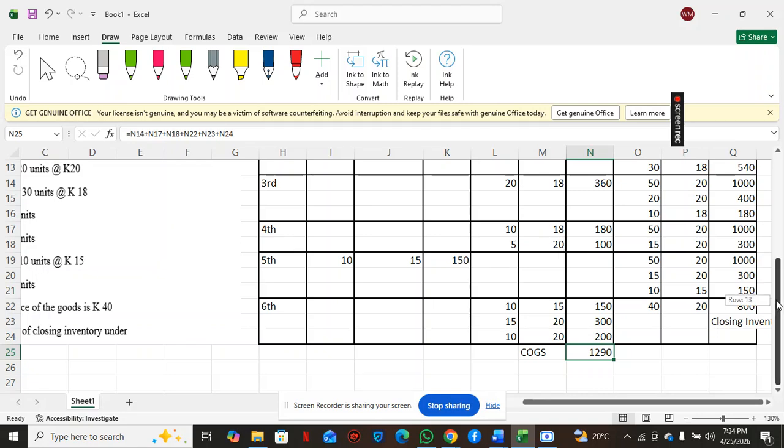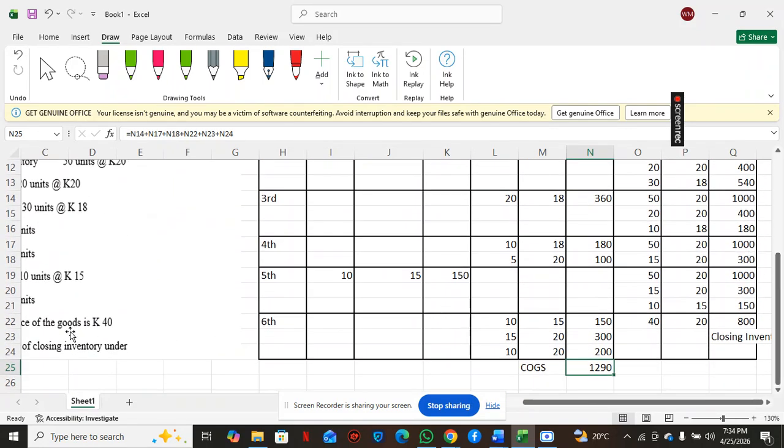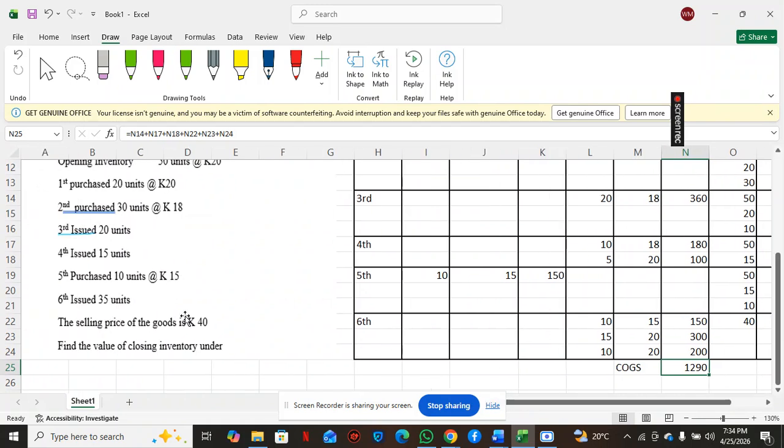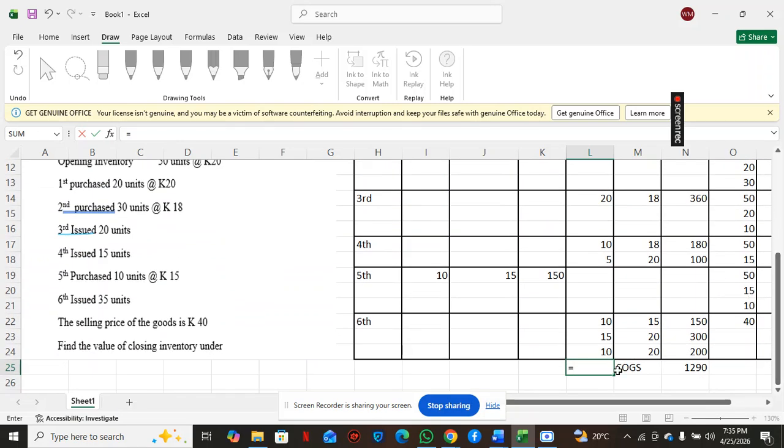Once we've got the cost of goods sold, we can get our sales revenue. This is where the information comes in handy, where it says the selling price of the goods is 40 kwacha. We find out the total number of goods sold from the sales column: 20 goods, another 25 here from 10 plus 5, and another 35 here.